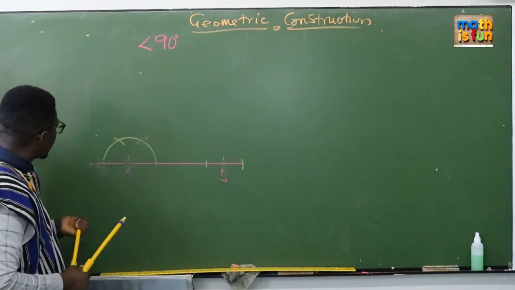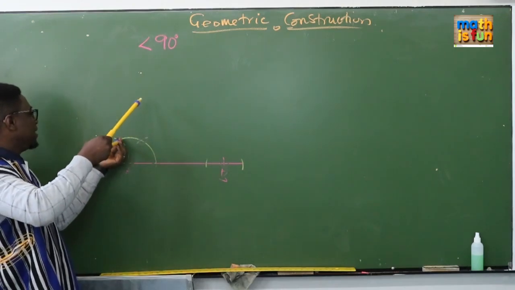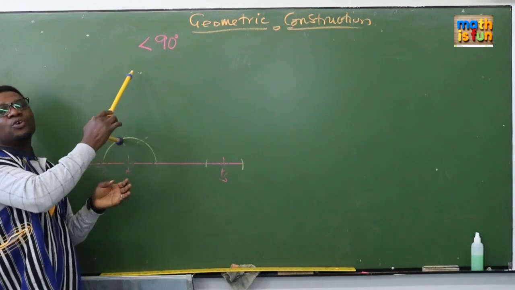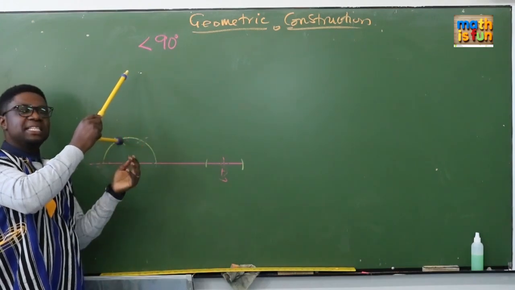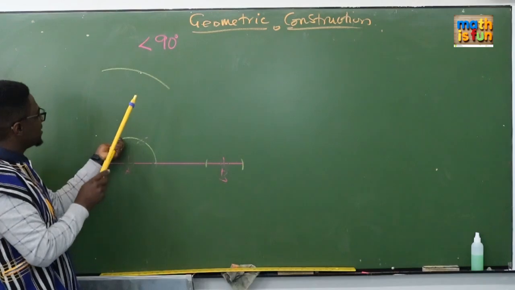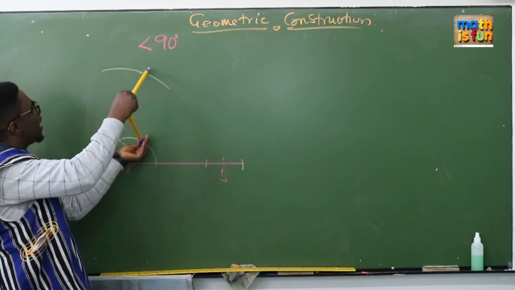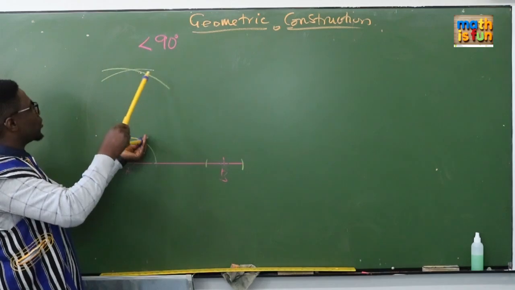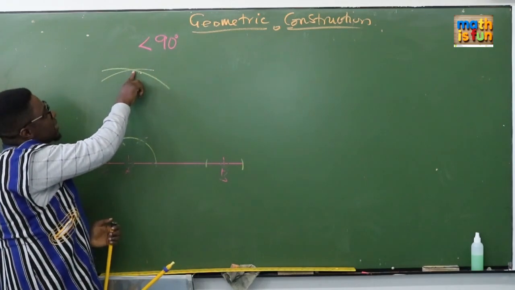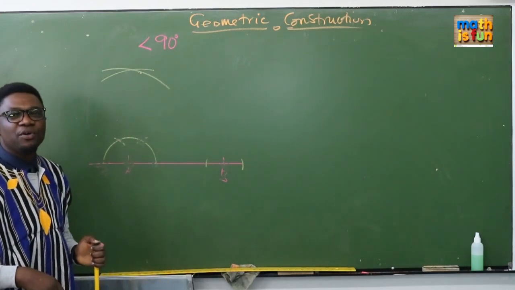Anyway, after getting this, all that we have to do is that you pin on where the arc is meeting the semicircle. Now you can open your compass to any length that you want. So I open it as far as this side. Then I'll pin here again, and I'll open it and construct another arc. We see that the two arcs are meeting at a point. So this line will be brought to that point.